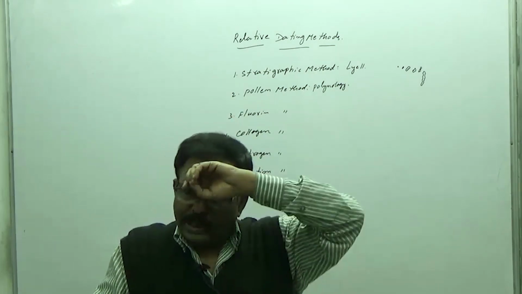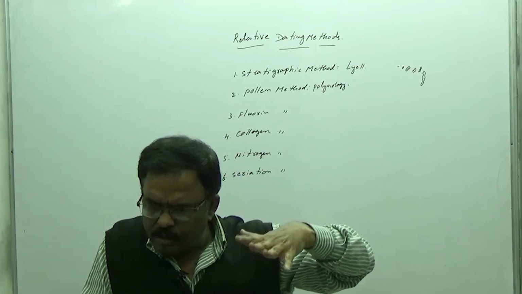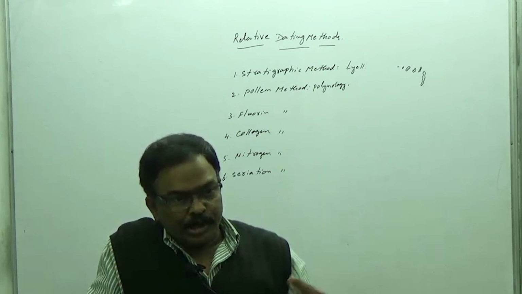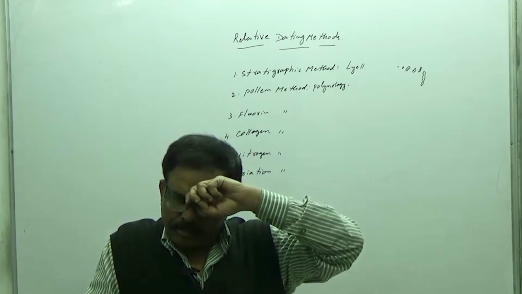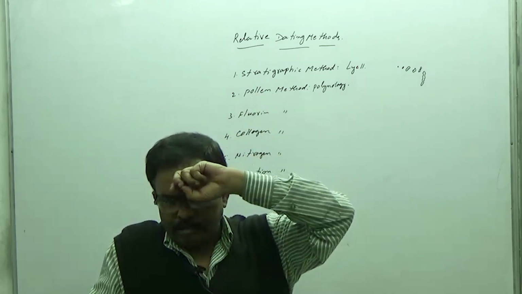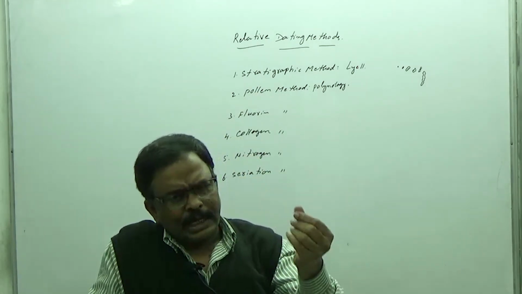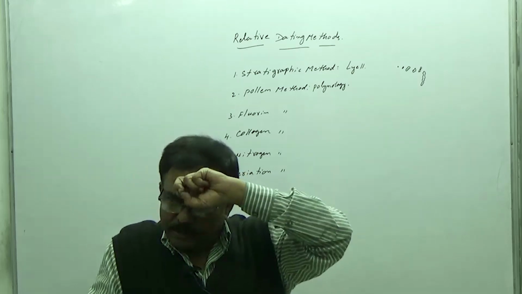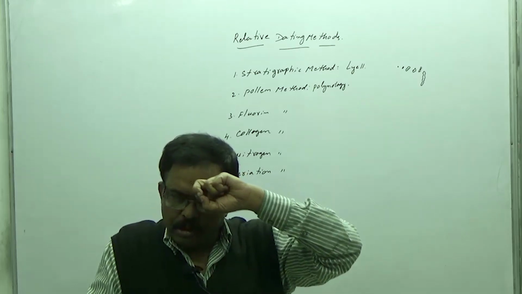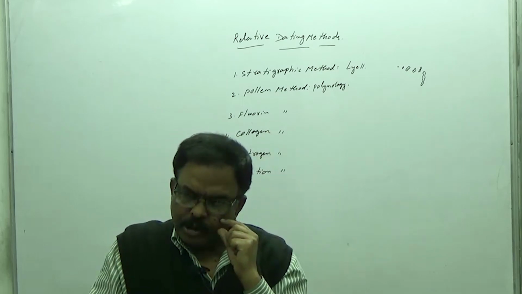What are these pollen grains particularly? The pollen grains are male reproductive parts of a flower. Anther, antheridia, pollen. A small tiny granule-like particles, of course. So they have a defined shape, depending upon the species.